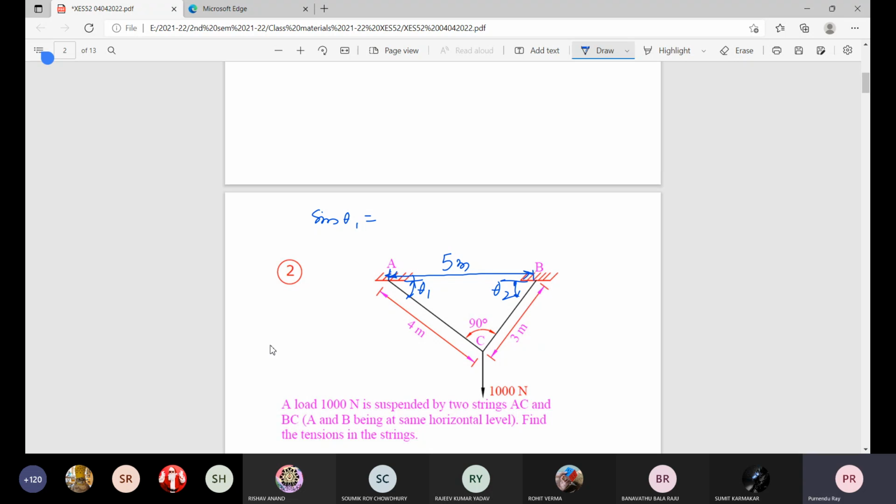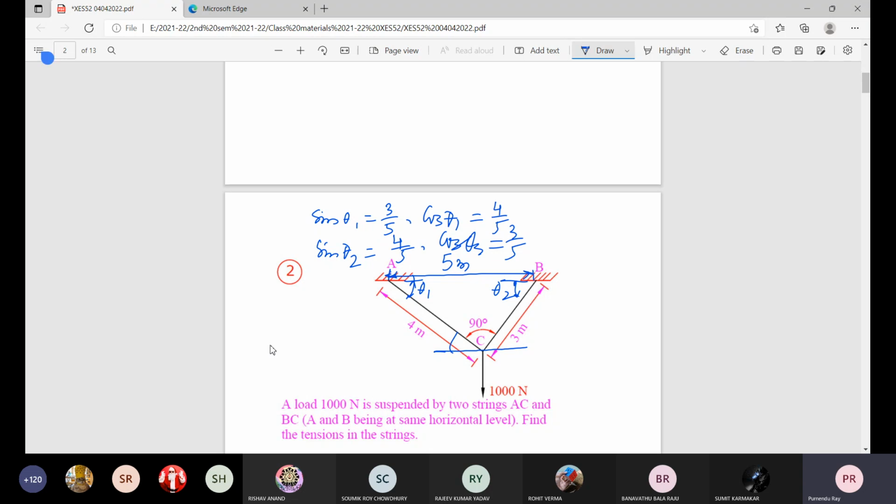Sin theta 1 will be 4 by 5 and cos theta 1 is 3 by 5, perpendicular divided by hypotenuse. And sin theta 2 is 3 divided by 5 and cos theta 2 is 4 divided by 5. Done, so everything is done.